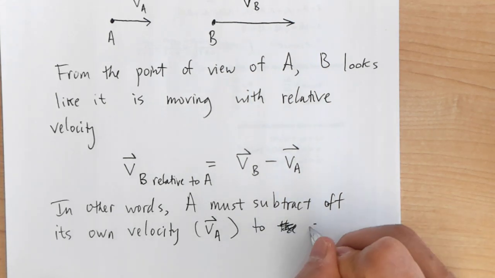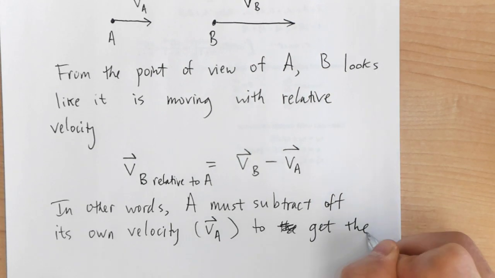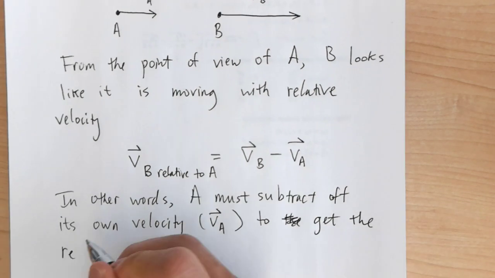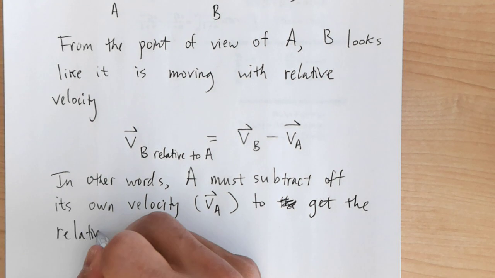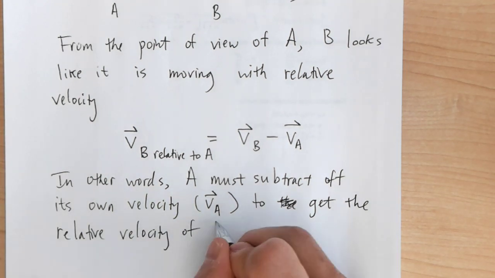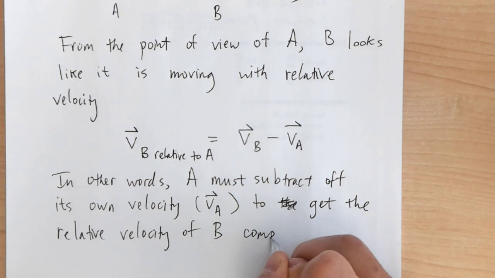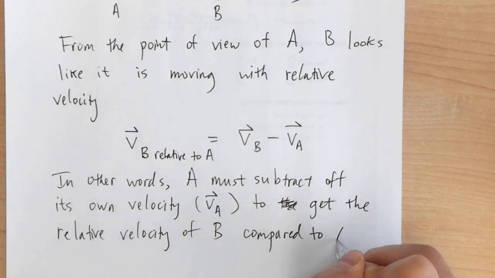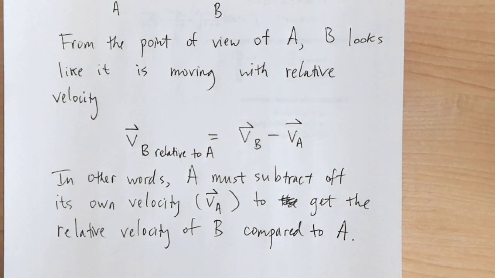So to get the relative velocity of B compared to A. Okay.